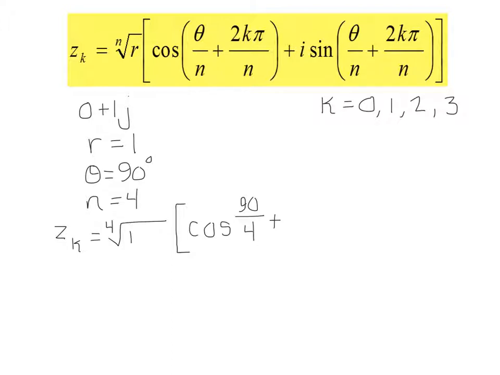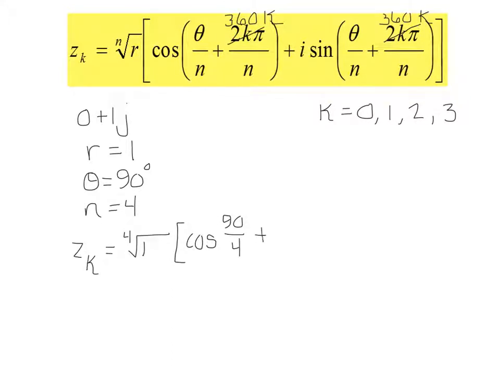I am doing this in degrees, so instead of adding 2k pi over n, we add 360k. So that'll be plus 360k over 4 instead.